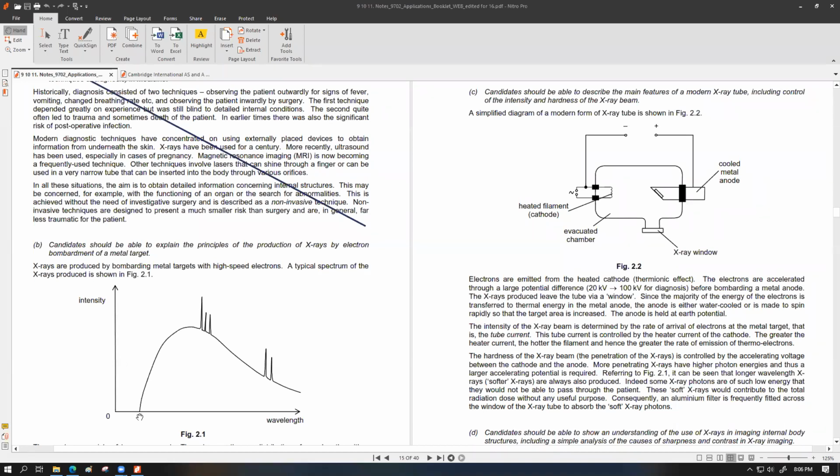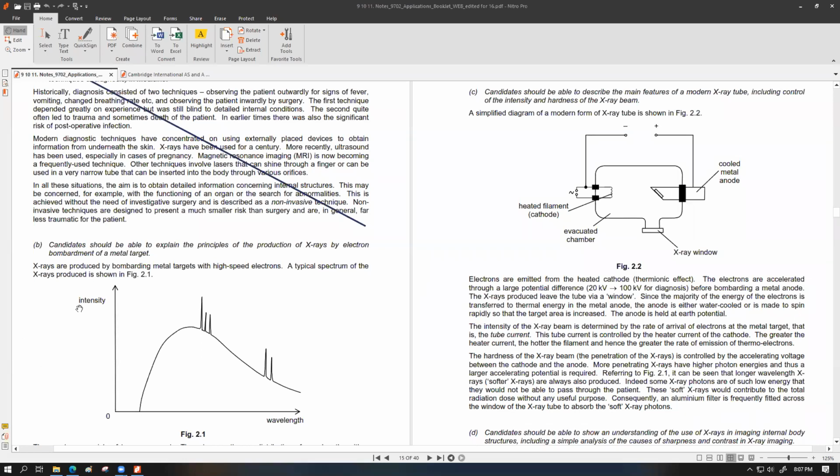This product, the energy of one photon multiplied by the number of those photons available from the X-ray device, basically gives you the intensity. Intensity is joule per second per meter square, which means how much energy per second per meter square is available at a certain wavelength.